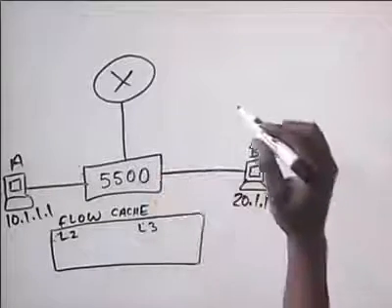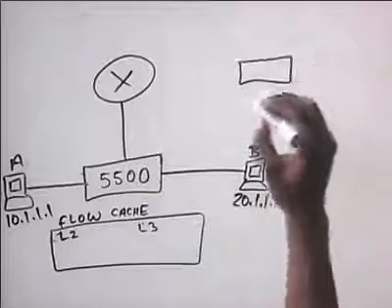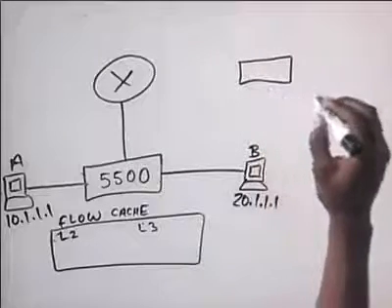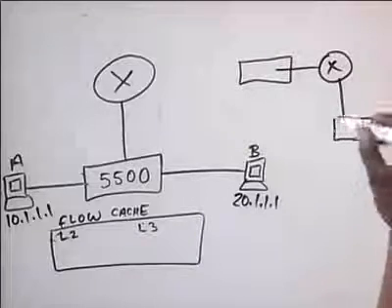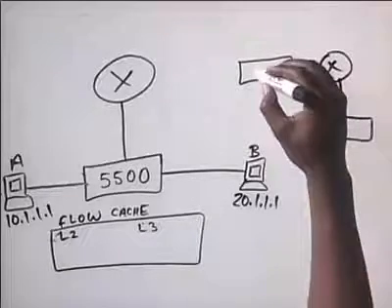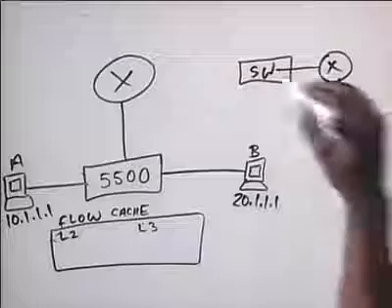In traditional routing, you would have a router here and then two separate LANs here. Switch here, switch here.